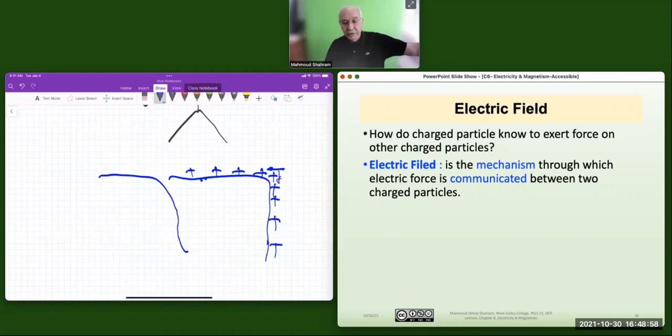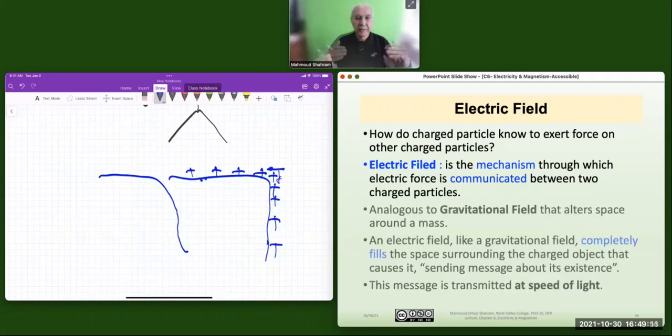The other electric charge also sends that. If it's a positive one, it sends a certain electric field, and if it's a negative, it sends an electric field, and they can recognize each other. As soon as you have an electric charge, you have an electric field around it instantaneously. So the electric field travels at the speed of light.